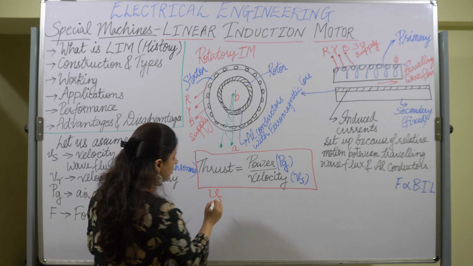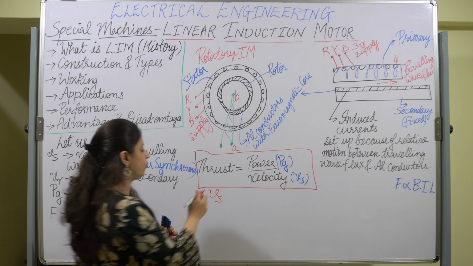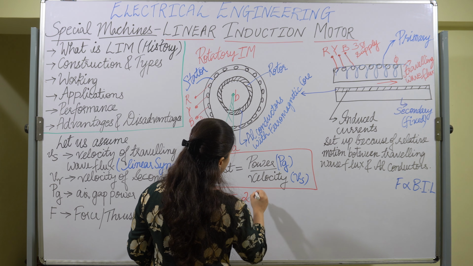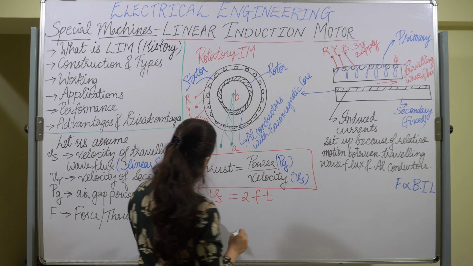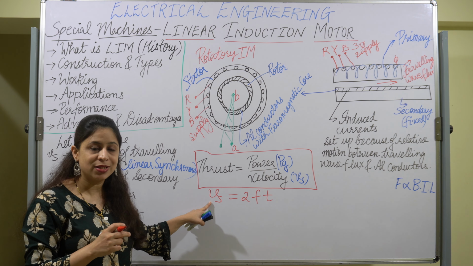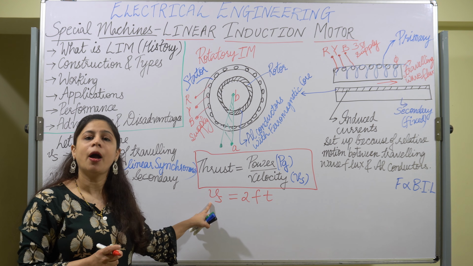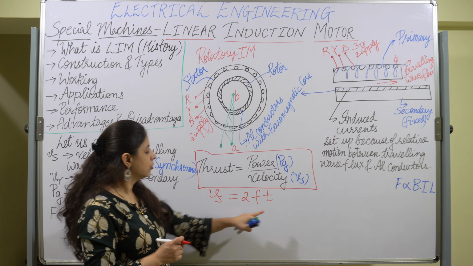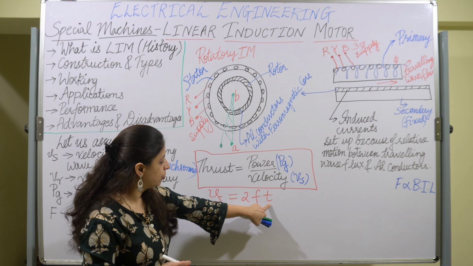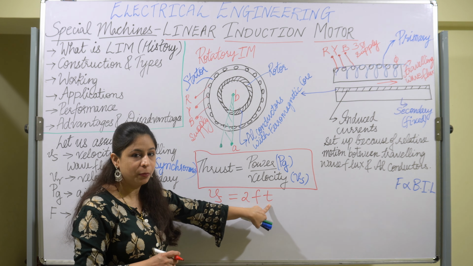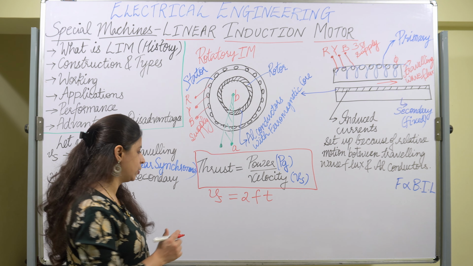Now Vs is the linear synchronous velocity. So Vs is equal to 2fτ. The Vs, linear synchronous velocity, is not depending upon the number of poles, but it is depending upon the pole width. τ is the pole width over here.